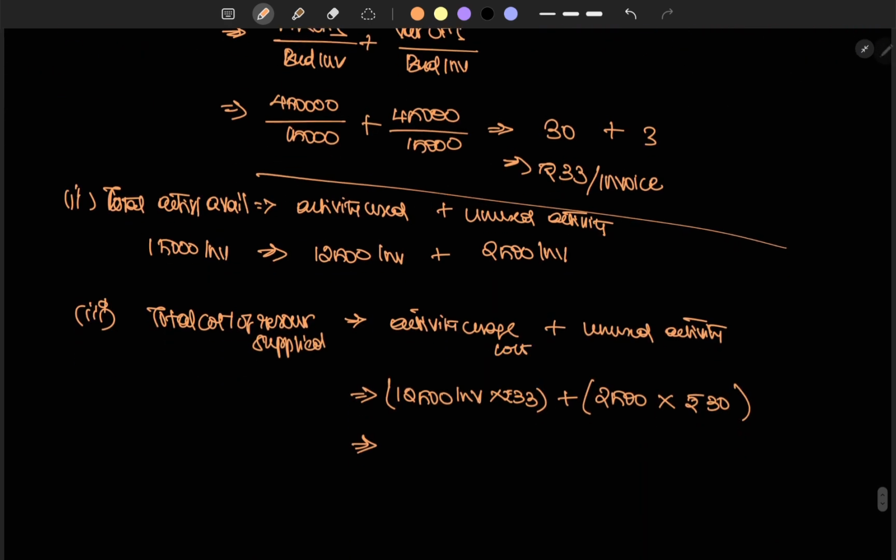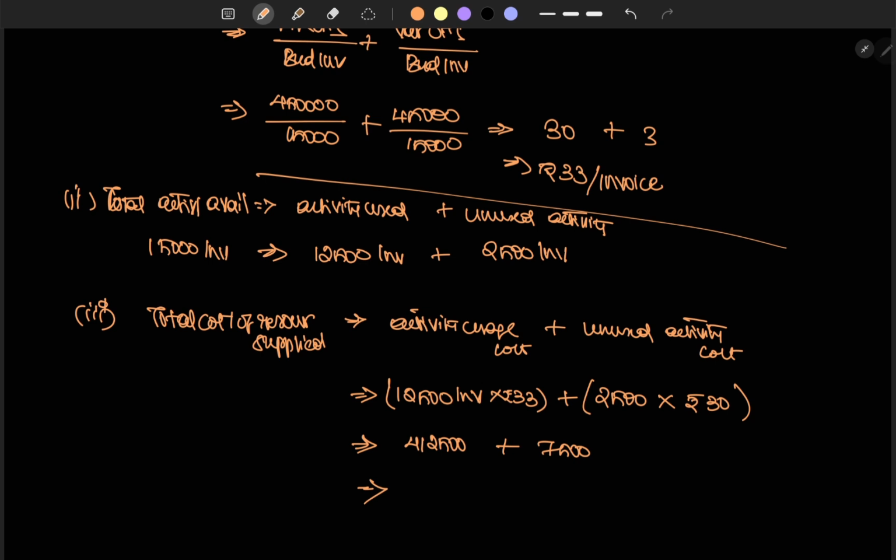So activity usage cost and unused activity cost. 12,500 into 33 gives us 4,12,500, plus 2,500 into 30, which gives us 75,000.